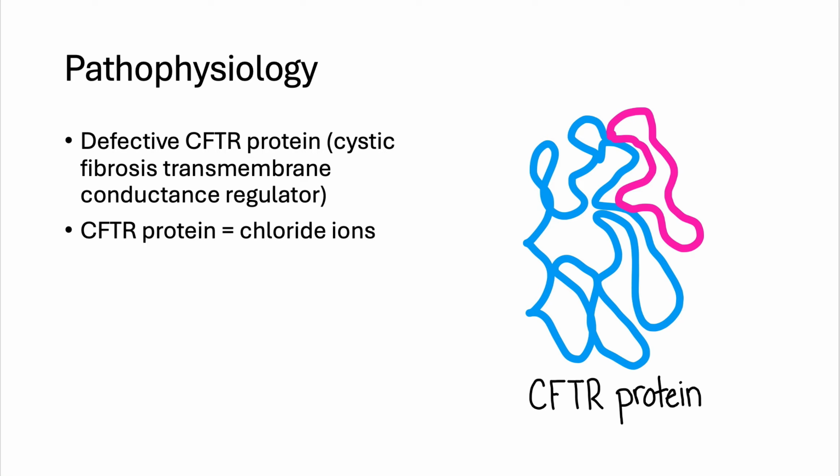So, with a defective CFTR protein, there is either too little chloride or none at all that can work to thin out these secretions. Therefore, when our mucus gets too thick, it blocks important ducts in the body and reduces the flow of air in our lungs, as well as reducing the function of our digestive system.